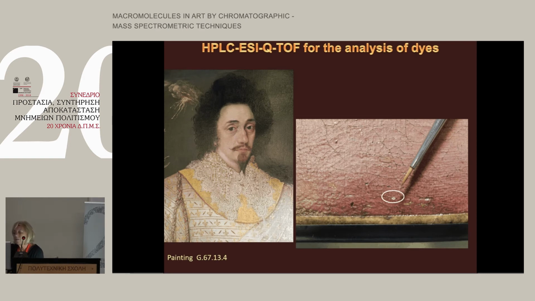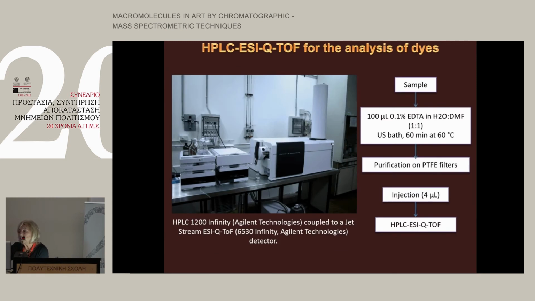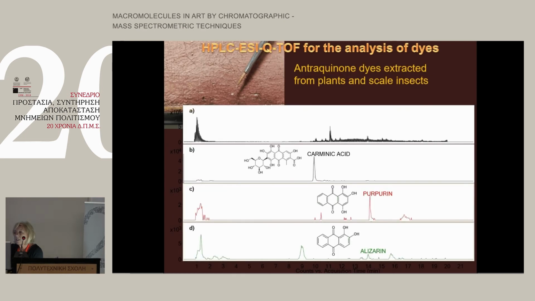analyzed one sample, and we used this kind of procedure by HPLC, and in this case we set up a procedure based on the extraction of the colorants by EDTA and dimethylformamide, and then we obtained this kind of chromatogram.